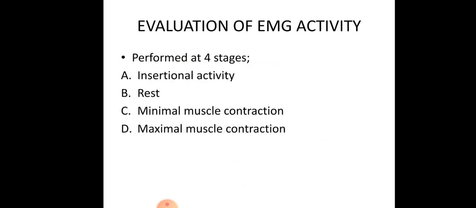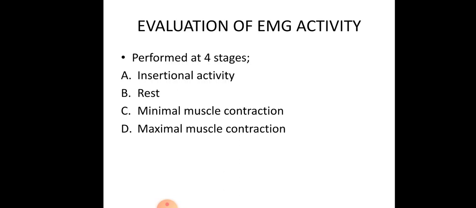Evaluation of EMG. Now we learned how your normal EMG looks. Now what do we evaluate in a normal EMG? There are 4 stages to evaluate in a normal EMG. There are 4 parts in the graph. First one, insertional activity. This is when you insert a needle into the muscle, there is something happening in the graph.